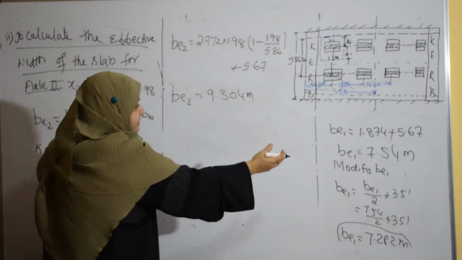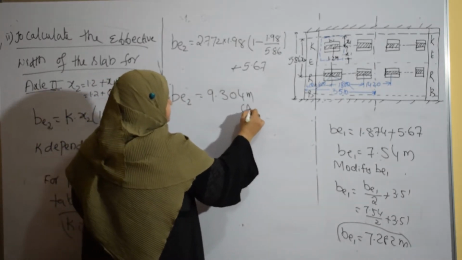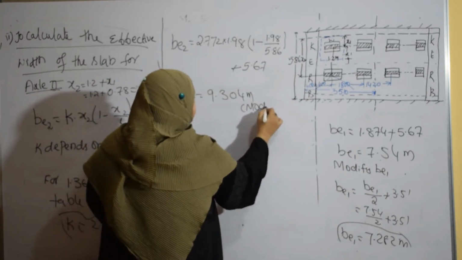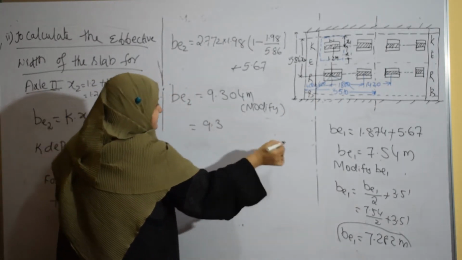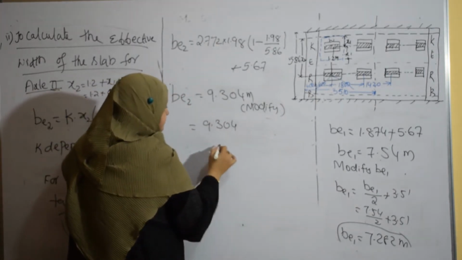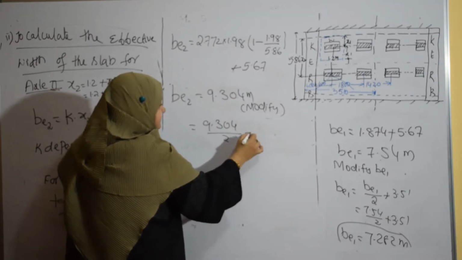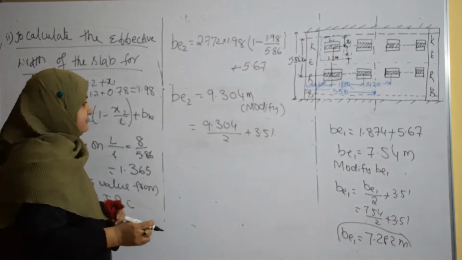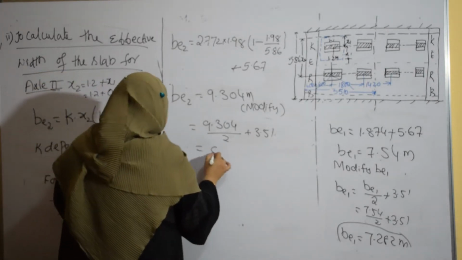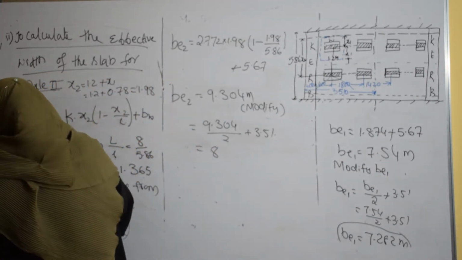We have to modify the value because it is exceeding the carriageway width. The modification for the first axial is already on the board. So the same I am taking for the second one, plus 3.51. What is 3.51? It is the center to center carriageway width, right? So this comes out to be 8.16 meters.